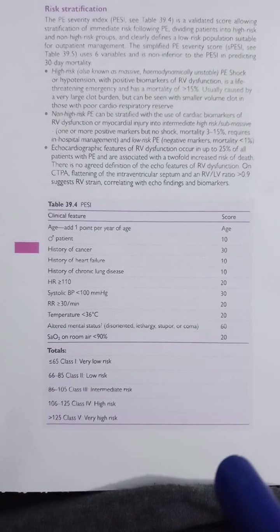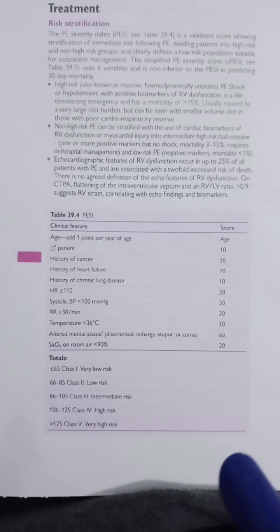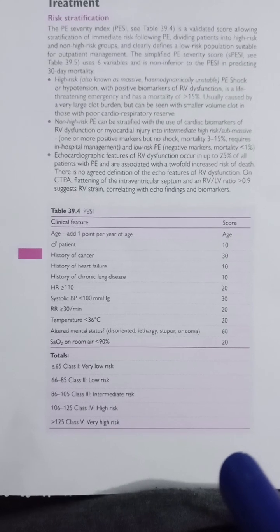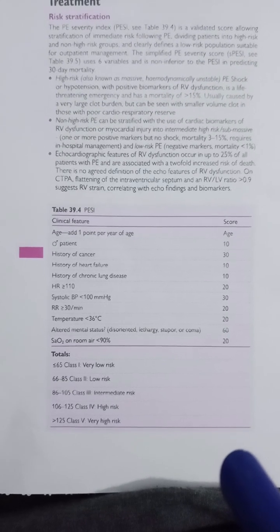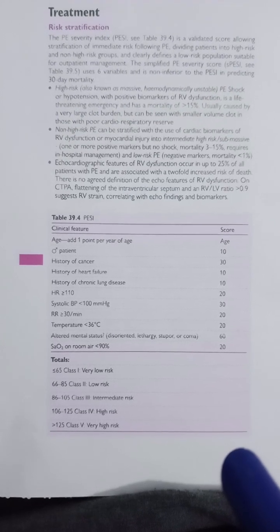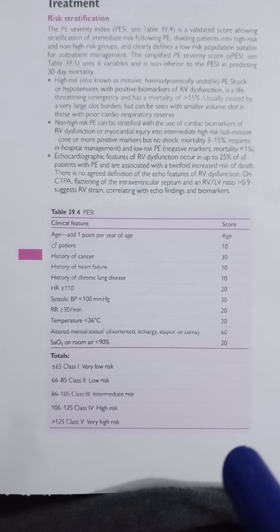If the patient is male, we add 10, and the history of cancer will take 30 score. History of heart failure will take 10. History of chronic lung disease we will give 10 also.